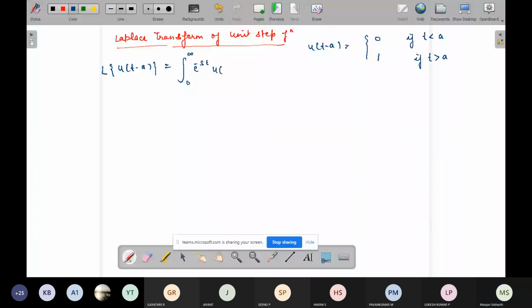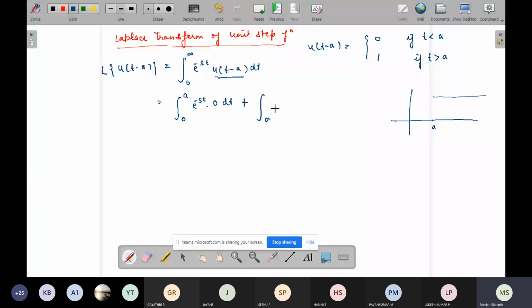Ft is u of t minus a. But we have the point a between 0 and infinity, so let us take 0 to a, right? From 0 to a, the function value is 0, so e power minus st into 0 into dt.